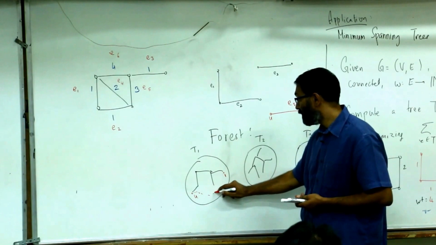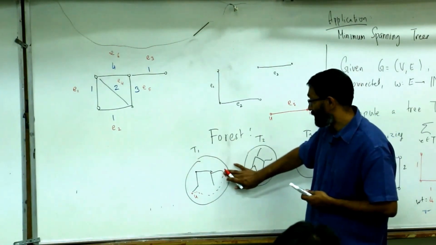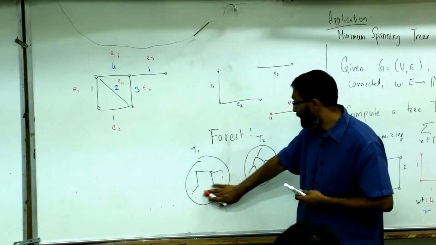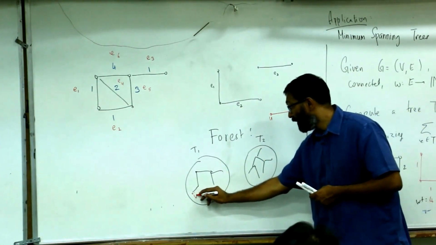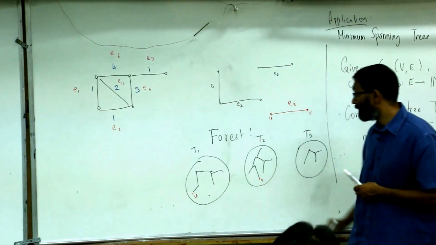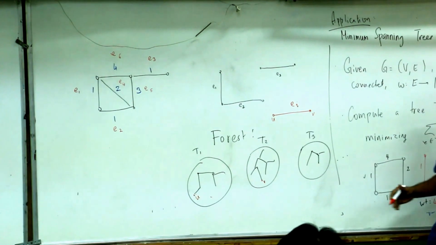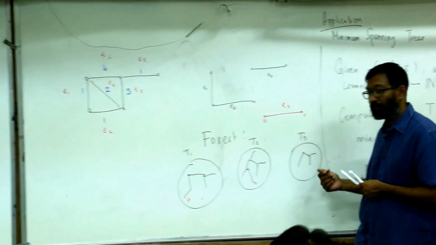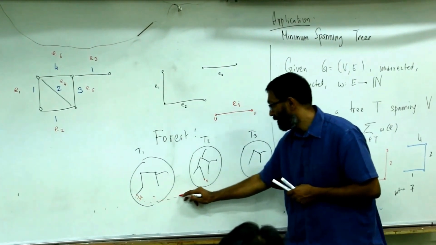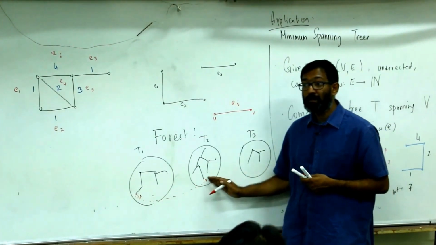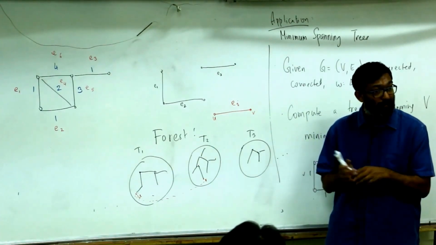Now you add the edge UV, and you end up creating a cycle. So if U and V live in the same tree, they form a cycle. But if U lived here and V lived in another tree, disjoint from U, there is no path from U to V. Now if you add the edge UV, we don't form a cycle. The graph remains acyclic.